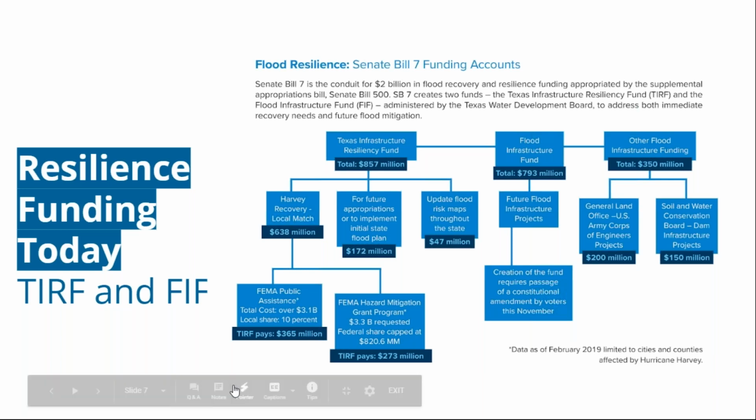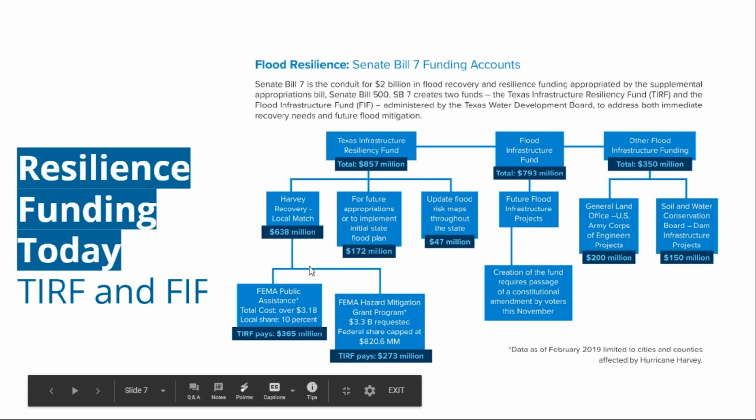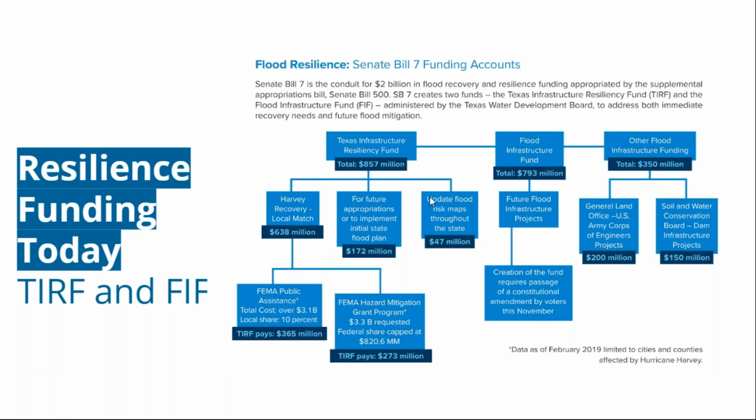The other money that you see around here is really being designed to address the issues as a result. One of the main deals here is the state is spending money for the first time ever to update risk assessment and risk mapping throughout the state. The majority of this money will come to the coastal regions, Galveston and Houston and surrounding counties, to address areas that have never been mapped.